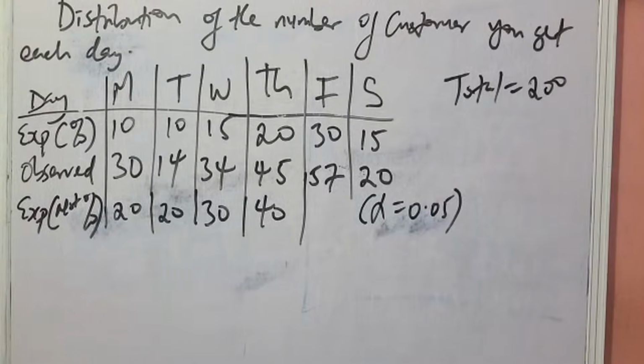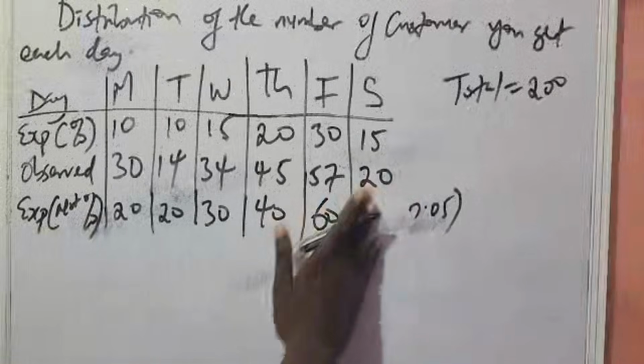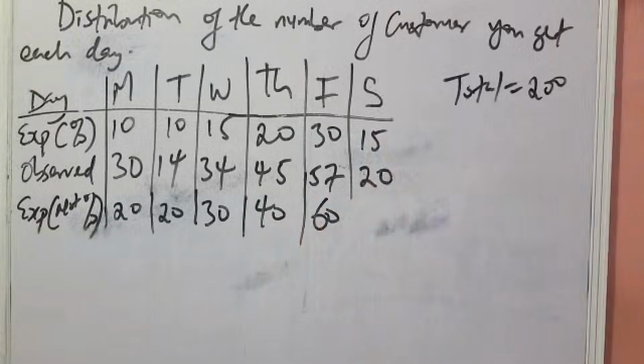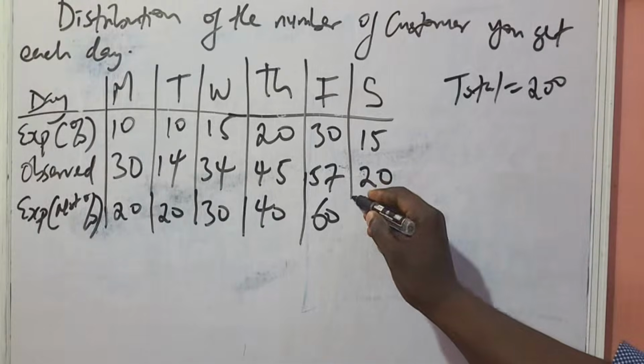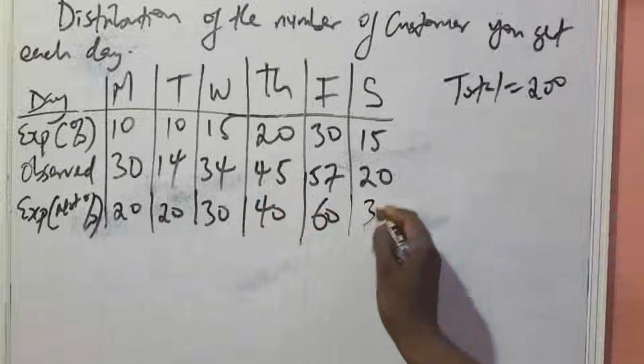That will be 60. And 15% of 200? Okay, we did that already. That'll be 30.